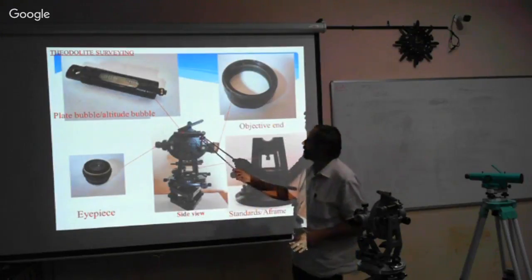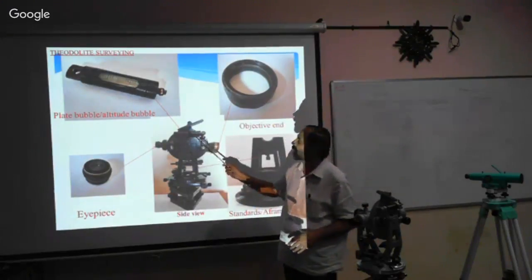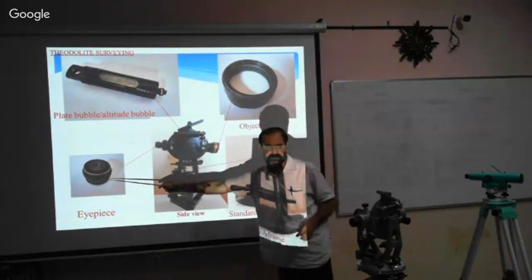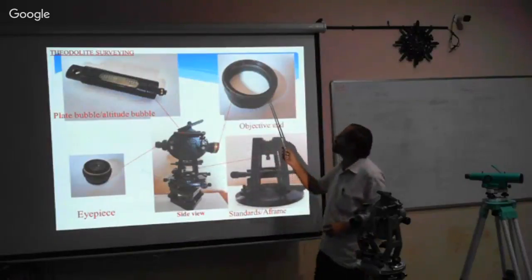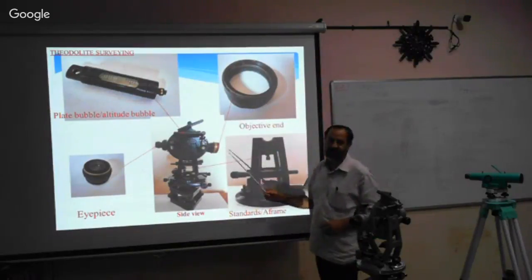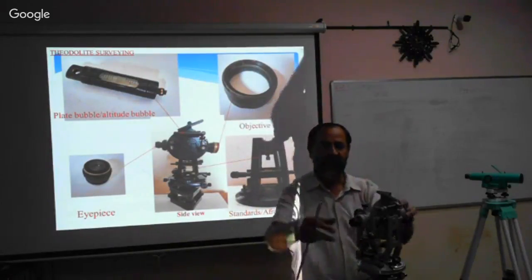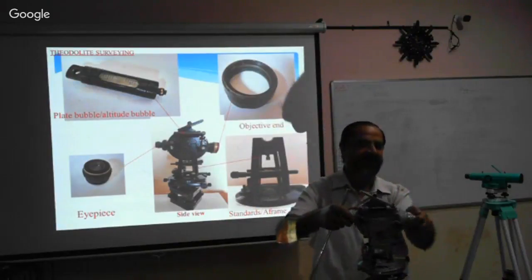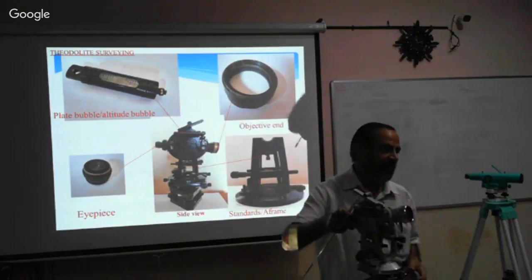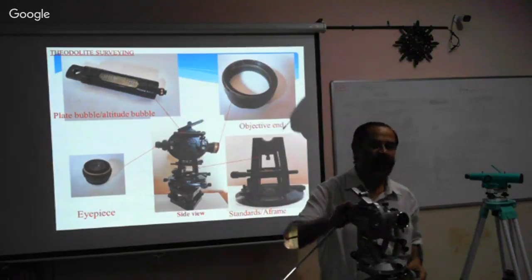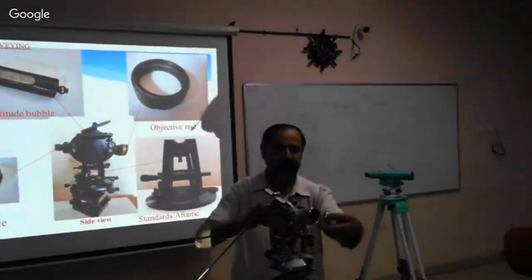And this is the eyepiece. Then this is the object end, and we have a lid here for the objective end, covered to avoid damage, to protect the glass, isn't it?